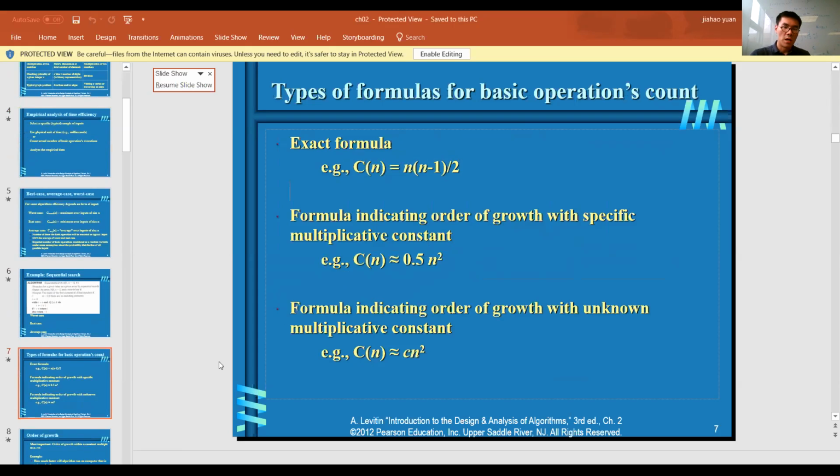For example, C(n), let's share it with you on the whiteboard, shall we? So C(n), wow, that's ugly, equals n times (n minus 1) divided by 2.